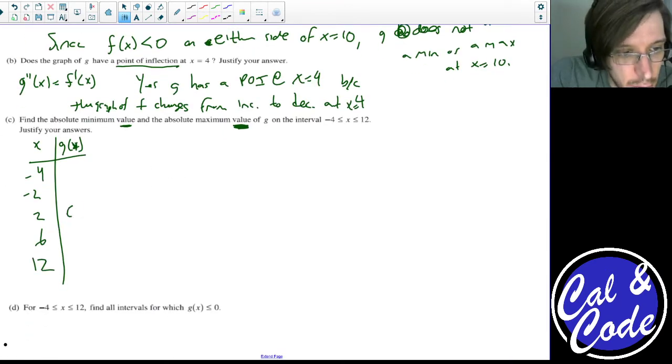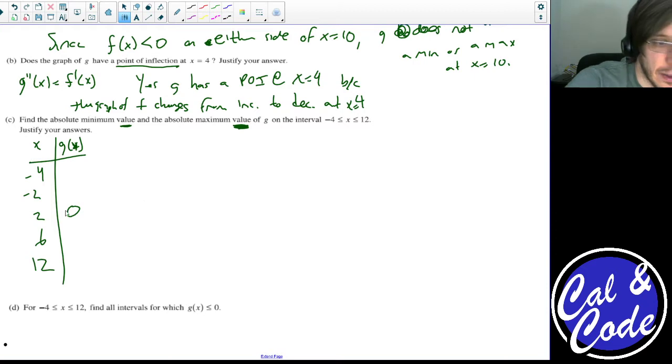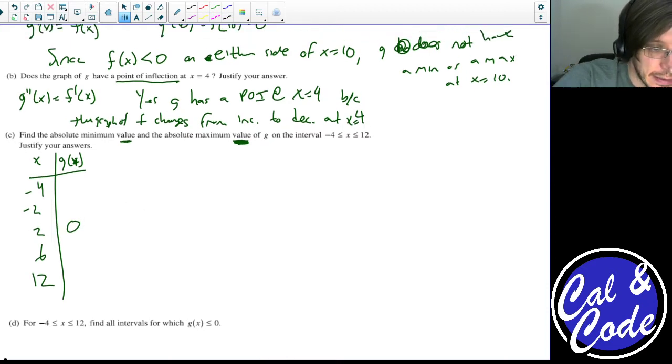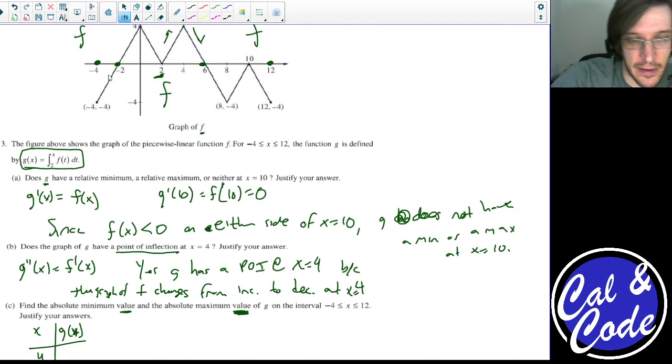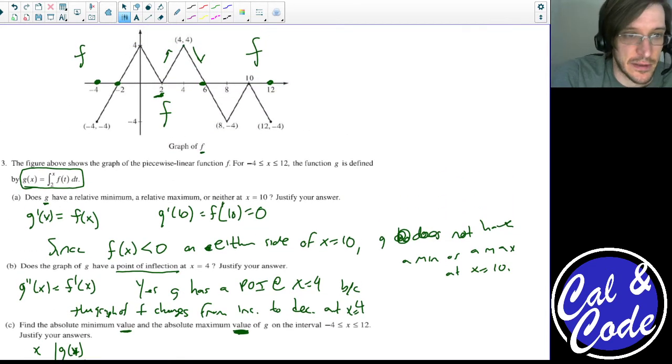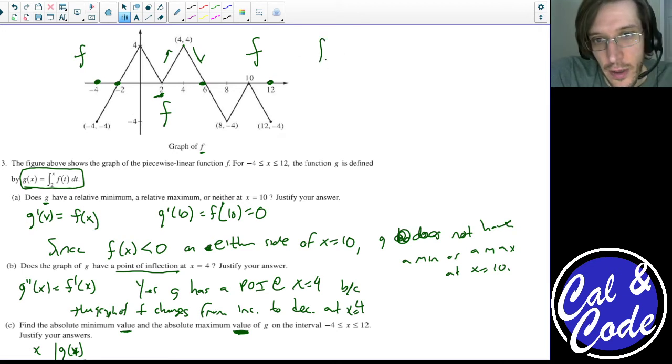All right, well, I know g is 0 when x is equal to 2. And basically, to get to these various values, I'm finding the areas of these triangles. The good news is they're pretty easy things to find. So let's just go to 6, for example. That's the integral from 2 to 6 of f of x dx.